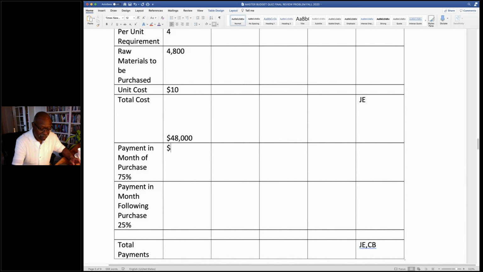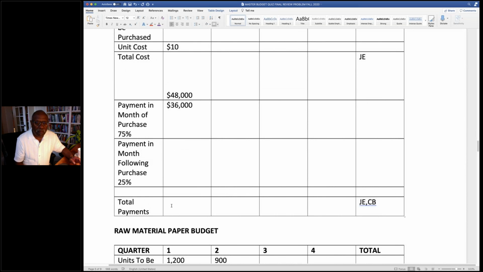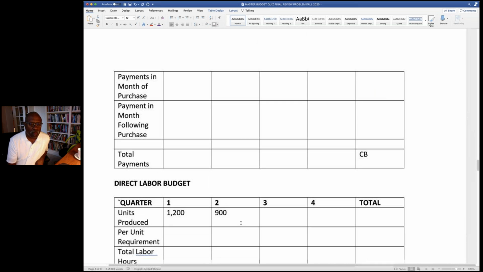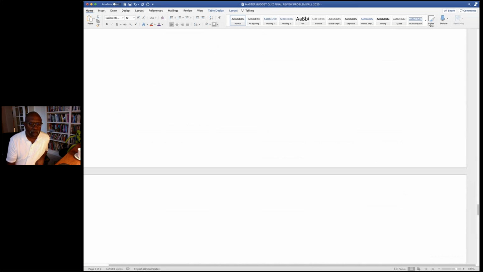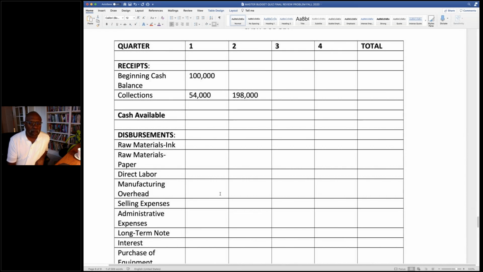Where do the 75 and the 25 come from? Assumptions. You have to pull things out of your assumptions. So our first payment for the ink is 36,000.